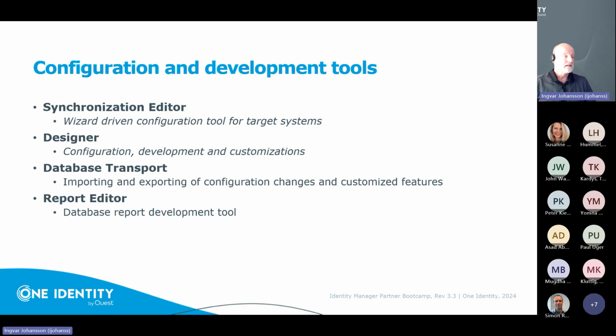It's wizard driven. And as you may have noticed yesterday when Simon talked about our built-in connectors, such as the AD one or the Entra ID connector we have, or the LDAP connector as examples. If you connect to your Active Directory, for instance, with the AD connector, you do not have to provide all the mappings because we already have templates built into it.